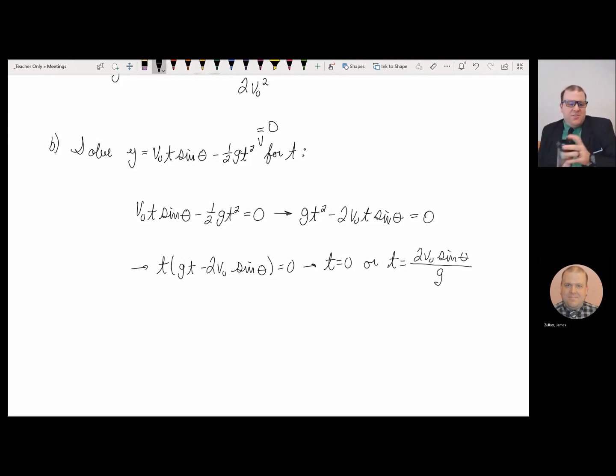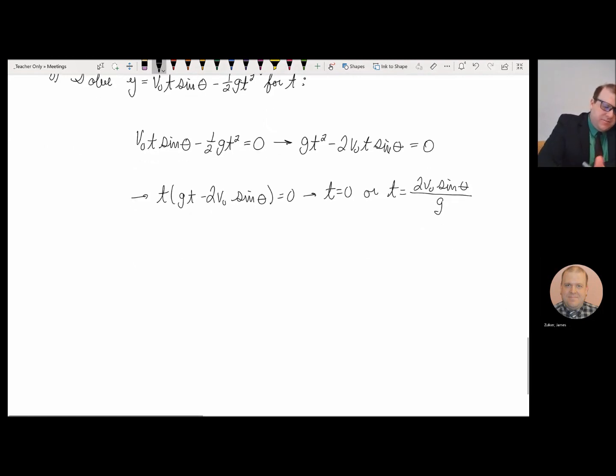Which is exactly what we would get with quadratic. However, t equals 0 represents when the projectile is launched, right? So that we can ignore.